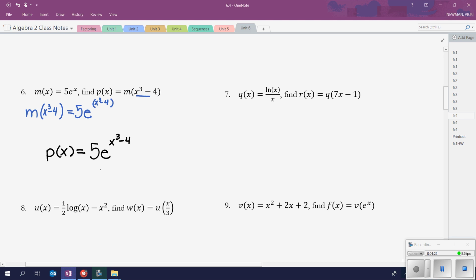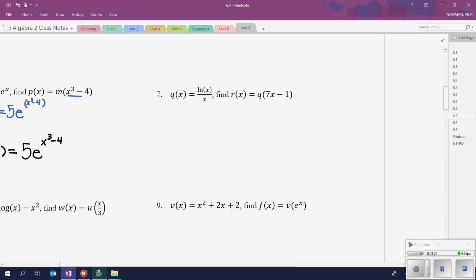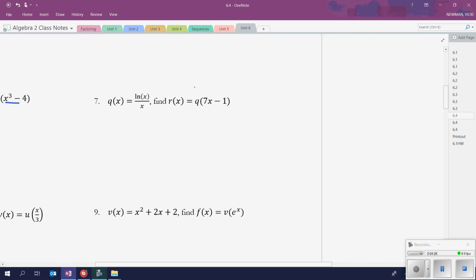All right, number 7 here, it's a little bit wackier, right? There's x's in 2 places here, so we're finding r of x is equal to q of 7x minus 1. So q of x, remove the x's, leave the parentheses, so dig the hole.